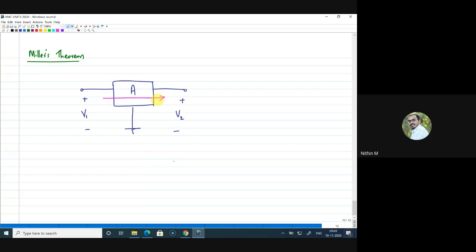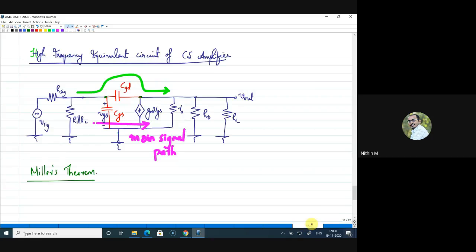As I told before, this is the main signal path, so the input and output interaction is through this amplifier box. In that case, I can write that V2 is equal to A times V1, as V2 is the output and V1 is the input terminal. Now, in our equivalent circuit, we have an additional element sitting between input and output.